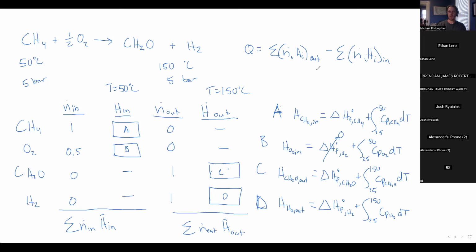And then I take the difference between them, and that gives me my Q. So I don't have specific numbers placed into here, but the procedure would just be to go to your book, look up the heat of formation for all the different materials, and then look up all of the different heat capacities.